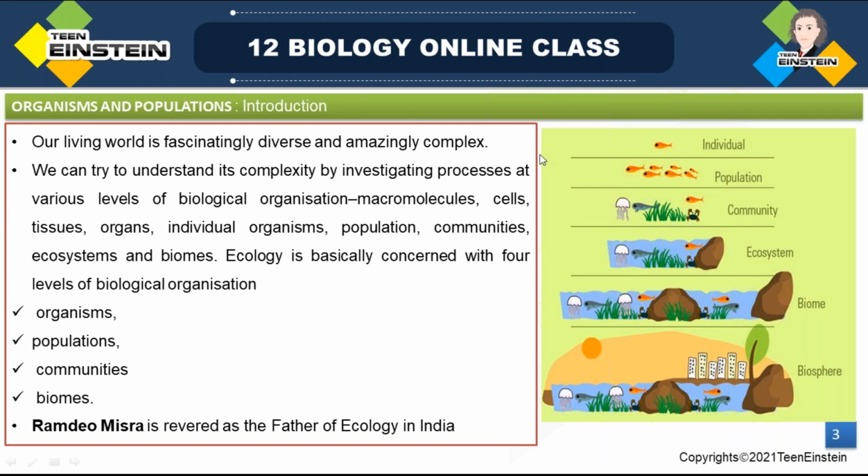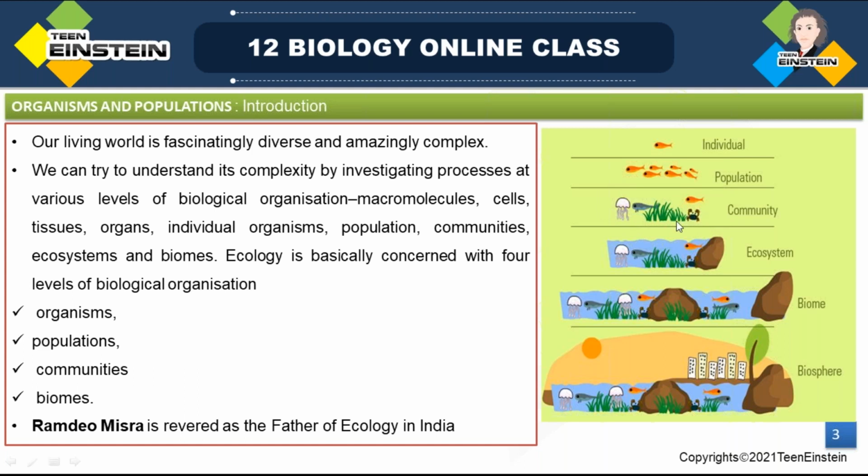So like this, different species groups will be there. Okay, so that forms the community. A community is constituted by the plants and animals. Community means in a particular area, plants will be there, animals will be there. Here you can see this is the community. Different groups of populations.